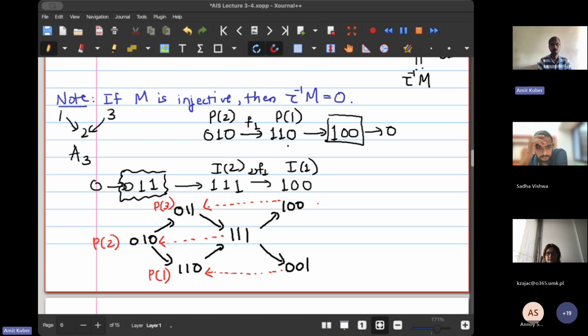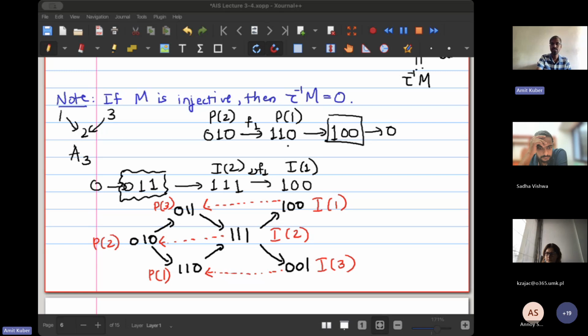This is the injective module at vertex 1, this is the injective module at vertex 2, and this is the injective module at vertex 3, and they do not have inverse Auslander-Reiten translates. This theory is beautiful. You can play around with these ideas, draw examples and see.